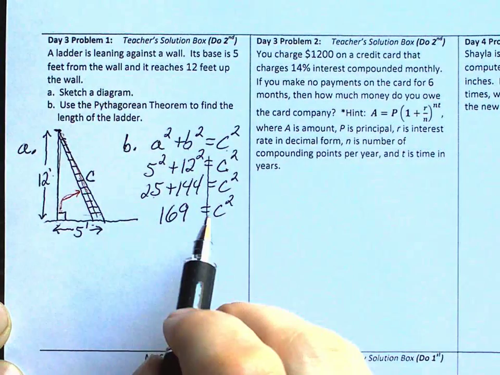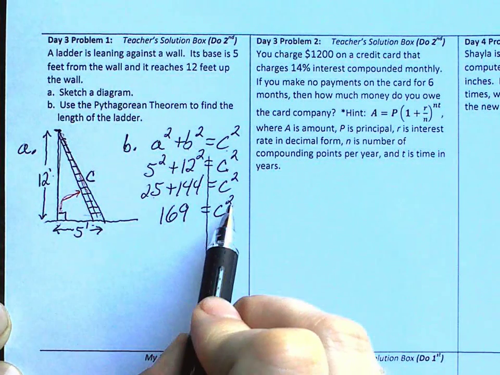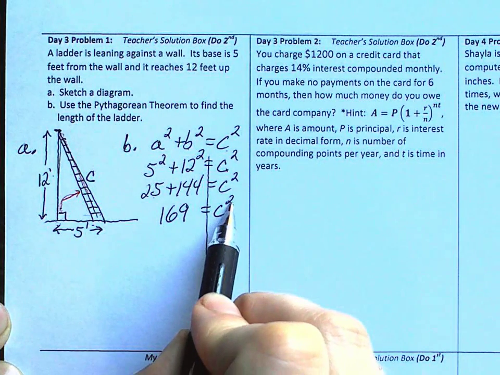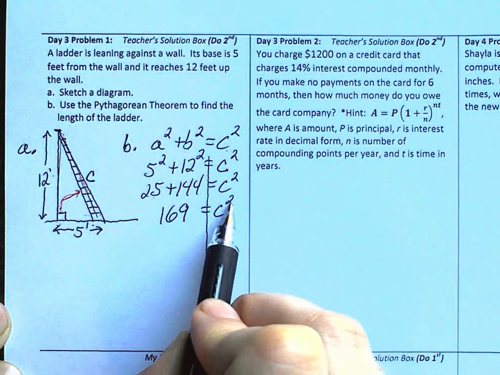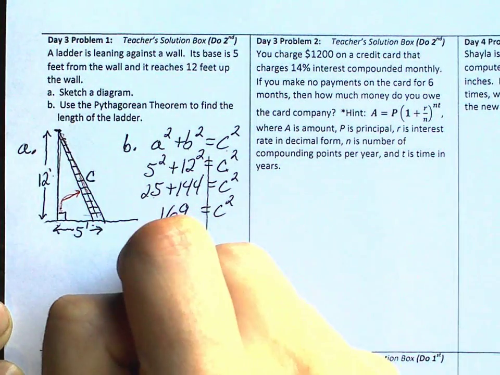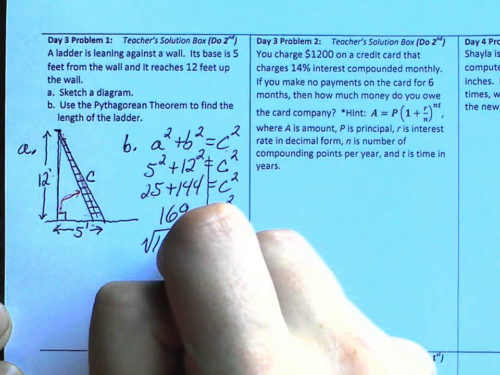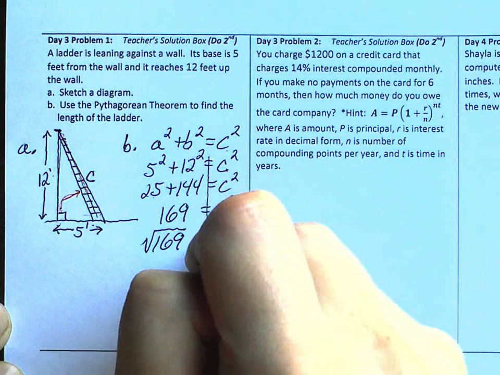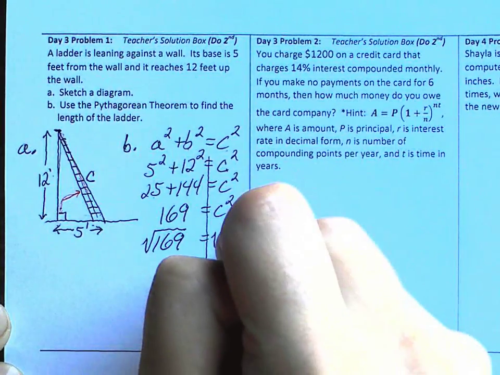Now we want to solve this equation for c. We want to get the variable c alone, and that means we need to remove its exponent of 2. So we need to do some kind of math step that's going to remove squaring, and that is called square root. So square root the left side of the equation, and square root the right side of the equation.